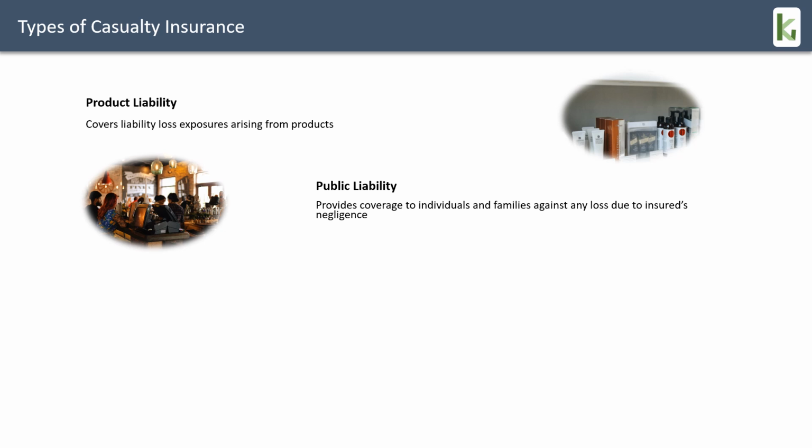Similarly, let's say you own a restaurant, and due to some undesirable occurrence, there is an incident and some of your guests got injured. So if you have the public liability insurance, that can help you cover those losses.